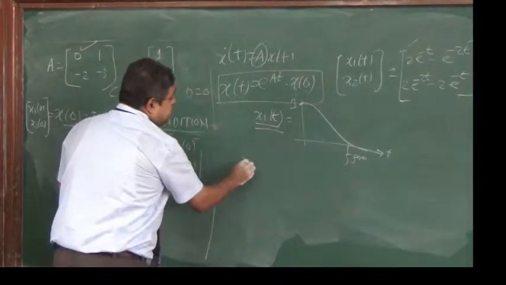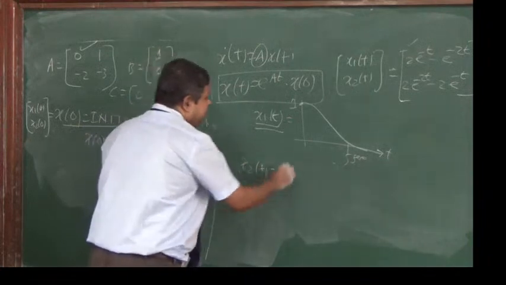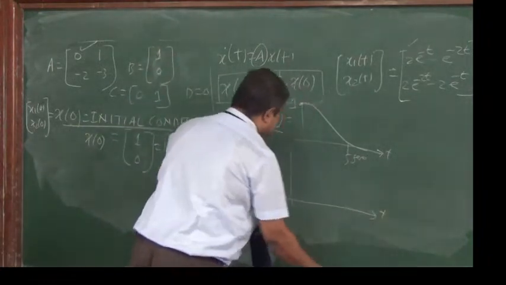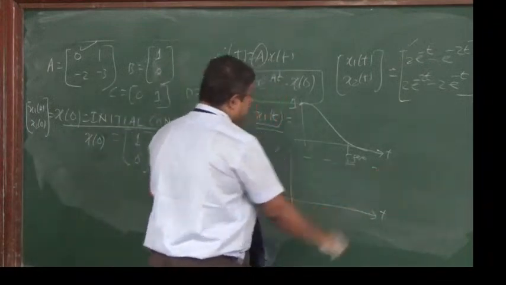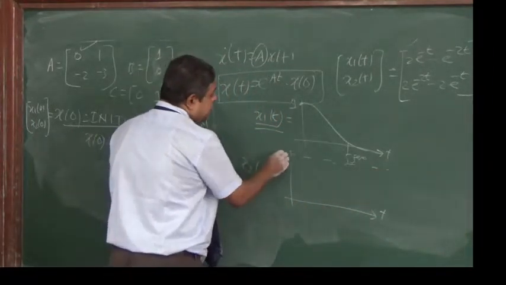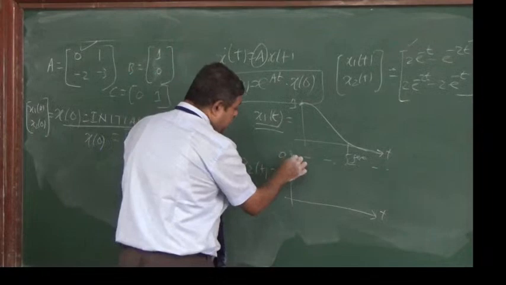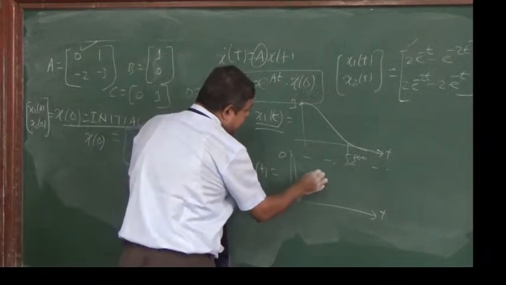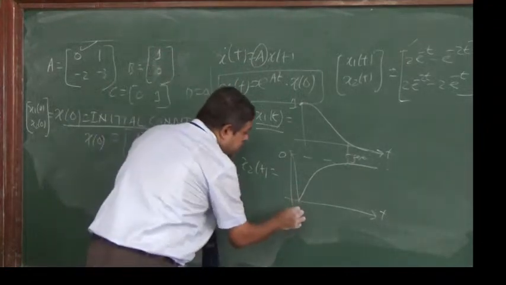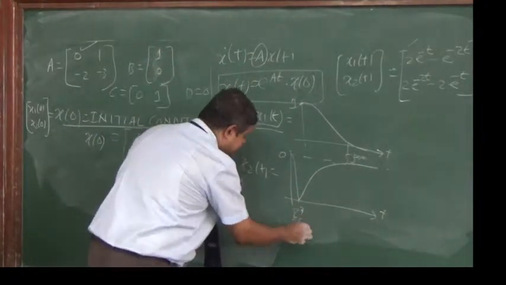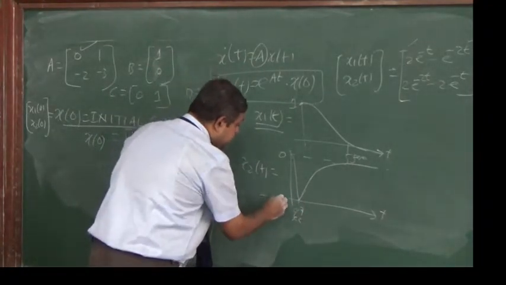What is going to be the second graph? x2(t). You can plot it very simply by using MATLAB. So x2(t) is like this. It will start from 0. Okay, so this will be a negative graph. This will start from 0 and fall somewhat like this, and then asymptotically it will reach 0. This time is around 0.7 seconds and this height is around minus 0.5.